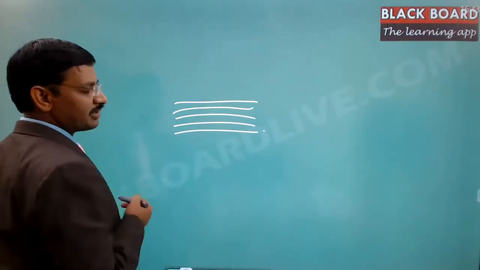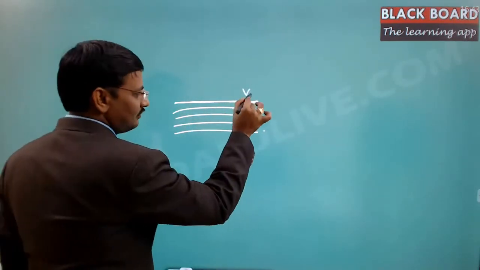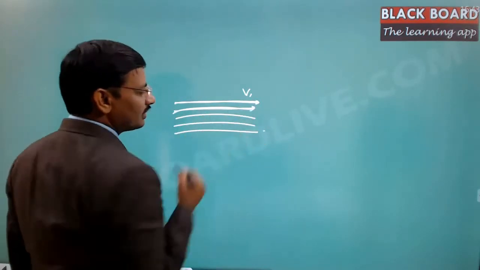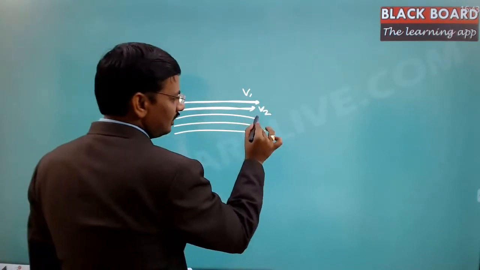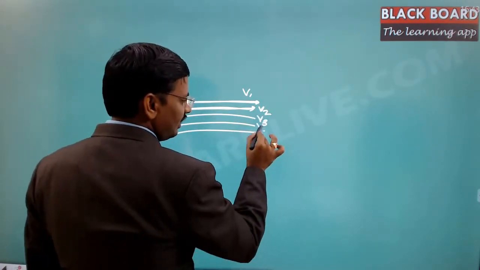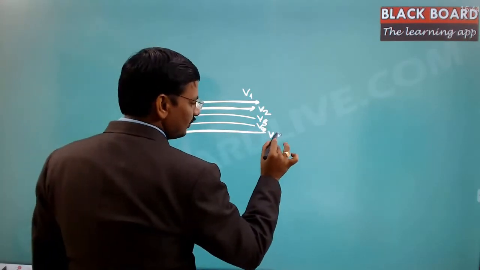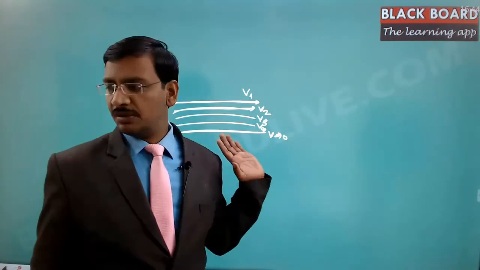In this particular case, the top layer is moving with a higher velocity, let us say V1, and then the next layer is moving with another velocity, V2, and then the third layer has a velocity of V3, and then V4. At the bottom, you know the velocity is going to be 0, because it is in touch with the surface of the bottom.